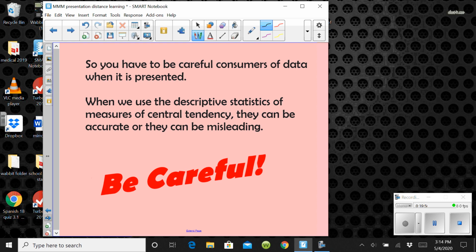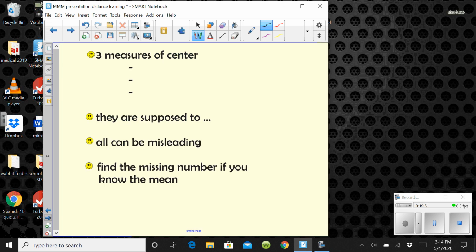So I think we've covered everything that we needed to. The measures of center, mode, mean, median, they're all supposed to describe where the center lies. They can all be misleading at times, right? Especially the mean when there's outliers.